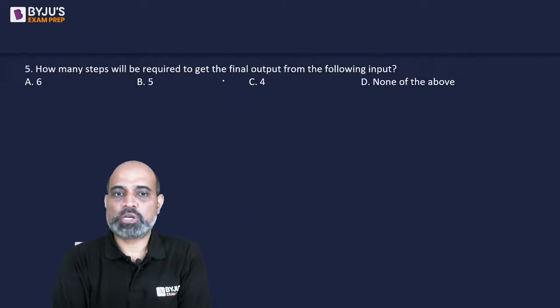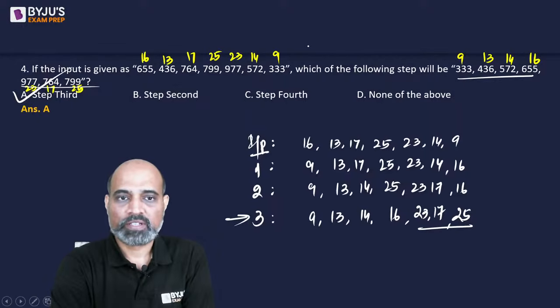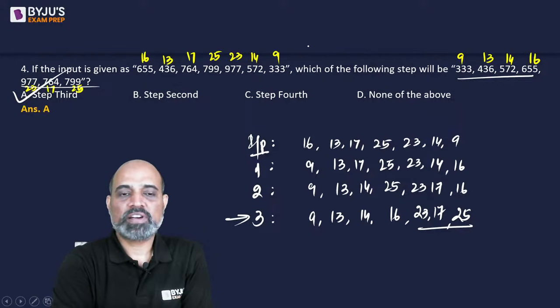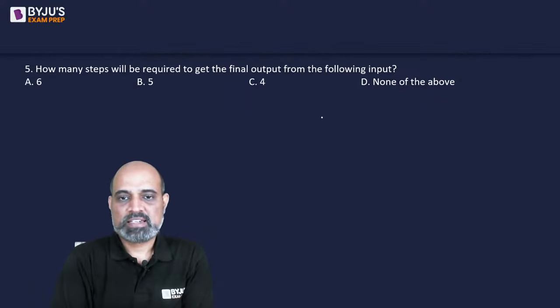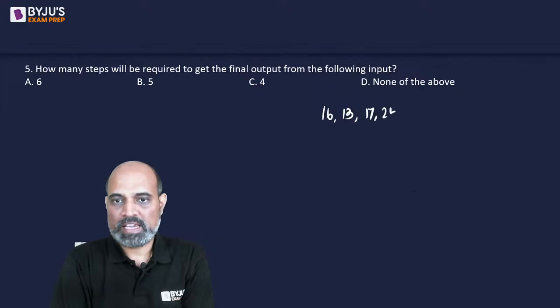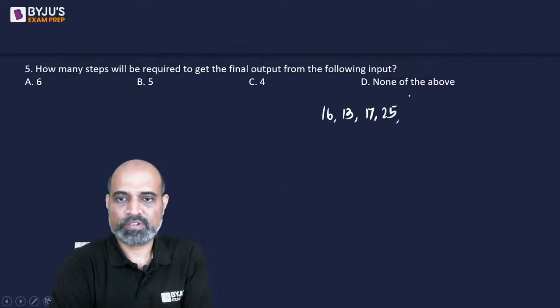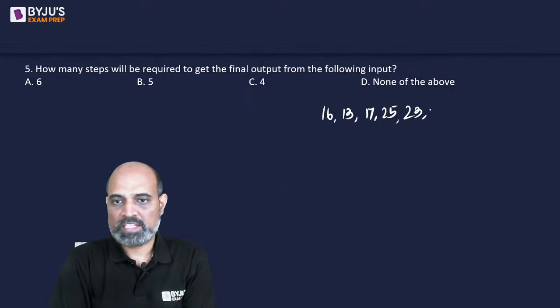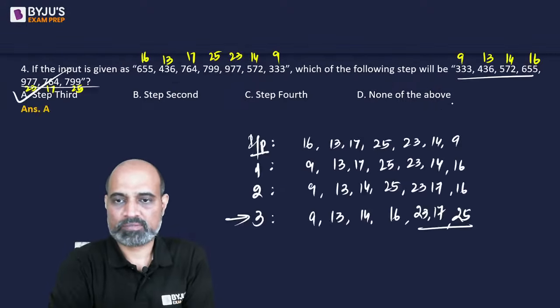How many steps will you require to get the final output from the following input? So how many will we get here? If you are talking about the same 16, 13, 17, 25, 23, 14, and 9. Right?